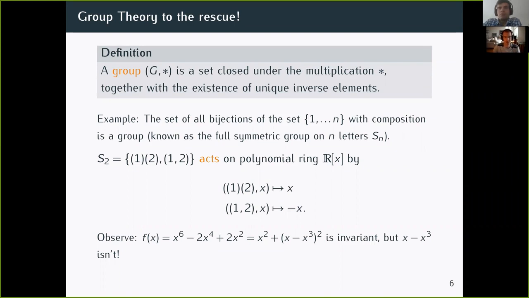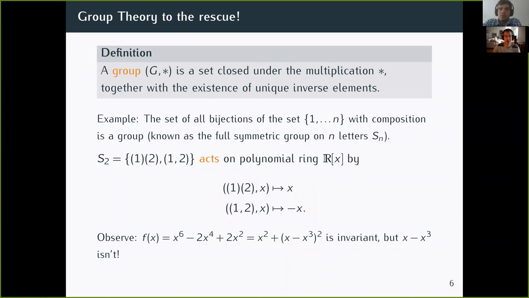A very simple example that will be used throughout the talk is the permutation group, which is the set of all bijections on the set from 1 to n, where the multiplication is composition of bijections. Of course, with every bijection there is an inverse bijection attached to it, and if you compose two bijections, you end up again with a bijection.